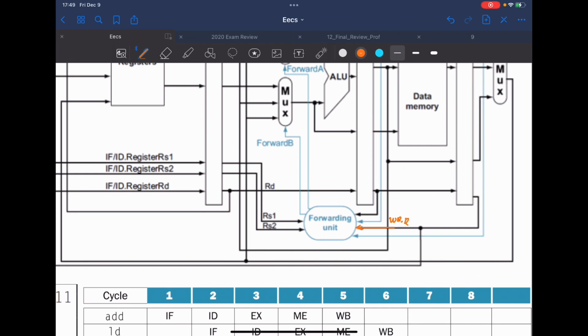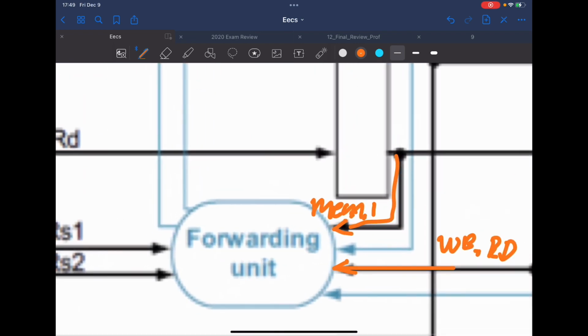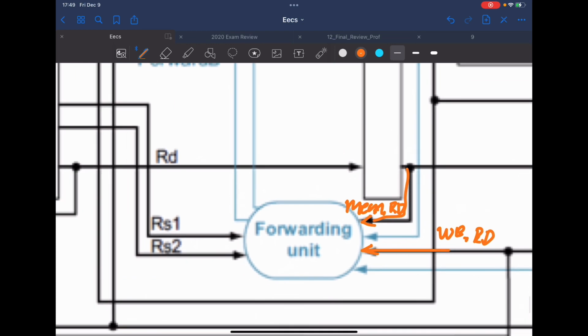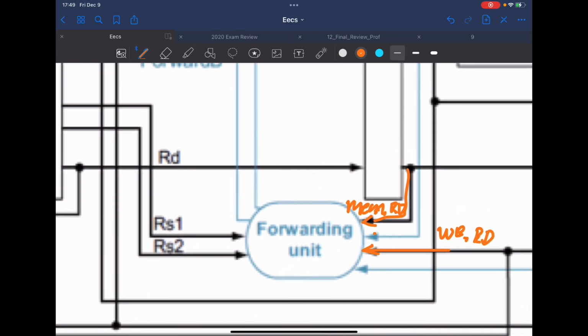It is the destination register. And here again we have the destination register, but it's from a different phase. It's actually from the mem phase here. So this is going to be the mem.rd.